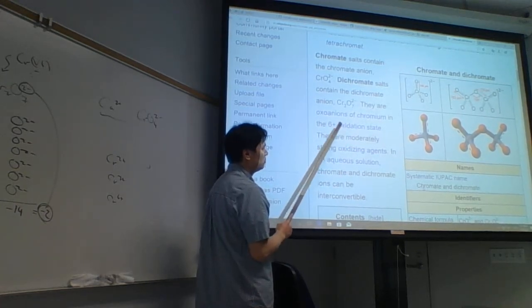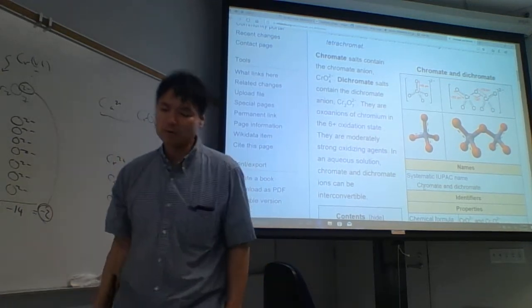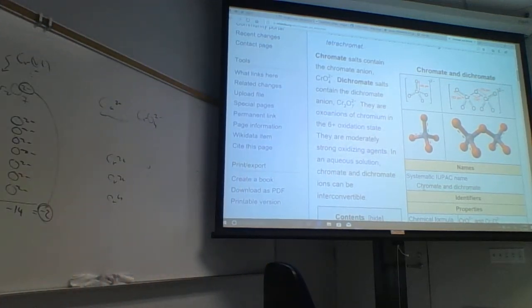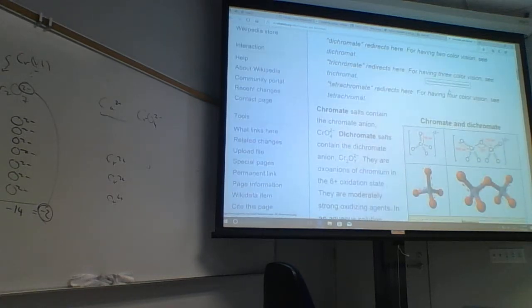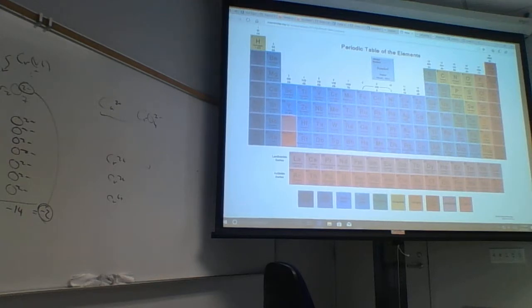That could have dual meaning. It could be the charge, or it could just be this kind of Roman numeral type deal where it's stabilized by the oxygens here. Now, let me show you something about this. How about chromium +7?